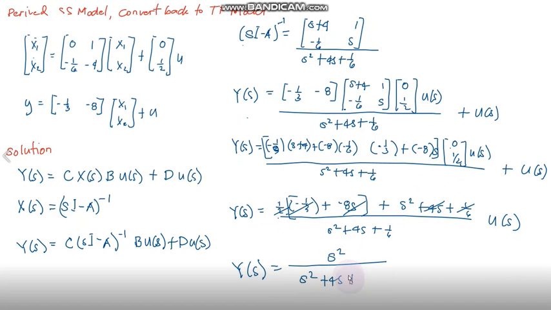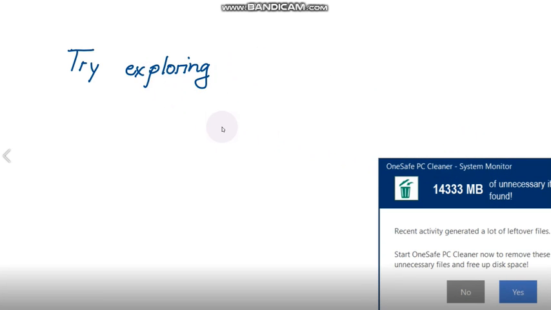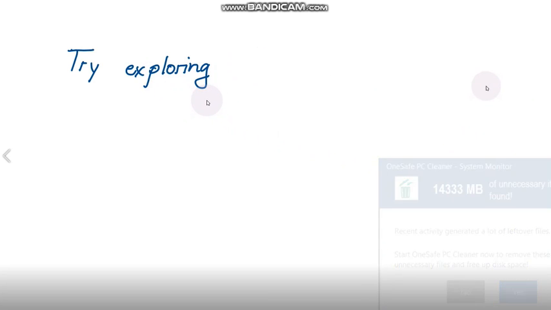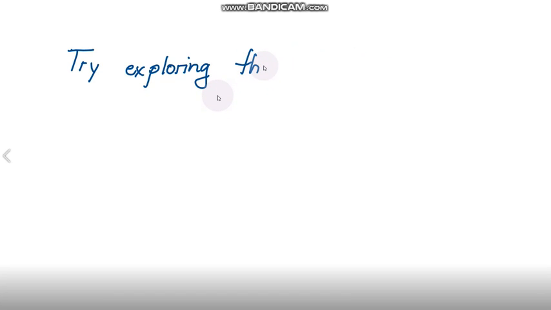So therefore, we have arrived at our final answer for our transfer function. Okay, and I would like to encourage everyone to try to explore MATLAB.